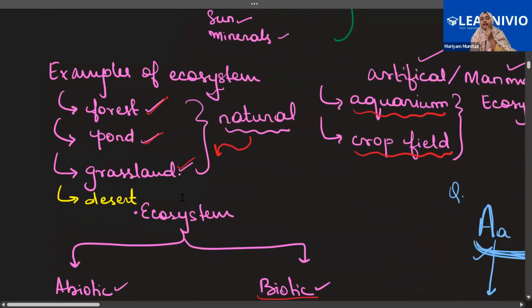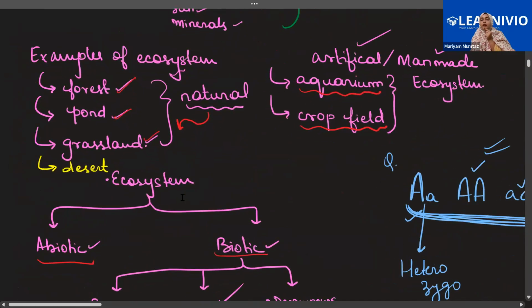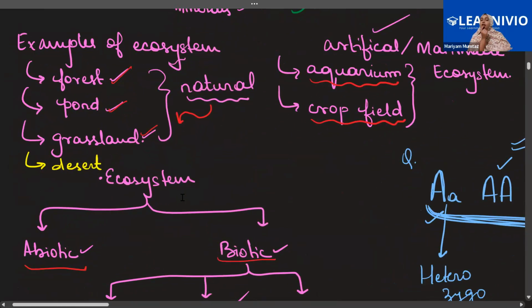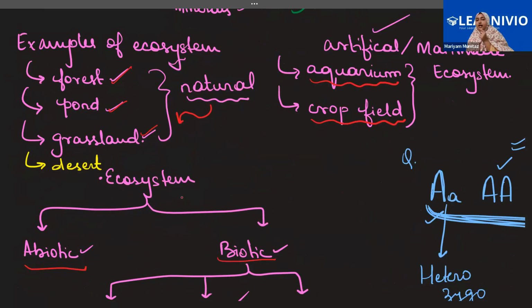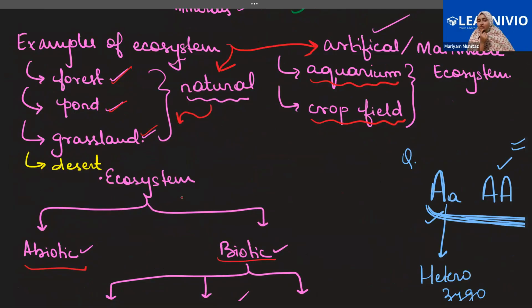Moving forward, let us see the various examples of the ecosystem. Our ecosystem can broadly be classified into two types: natural ecosystem and artificial ecosystem. The natural ecosystem, just like the name suggests, has components that have been formed by nature, with no involvement of human beings.